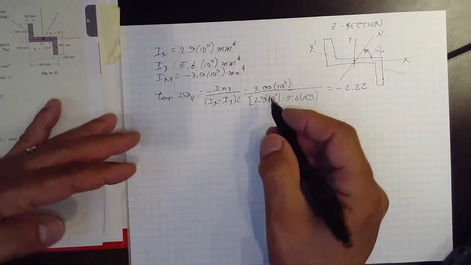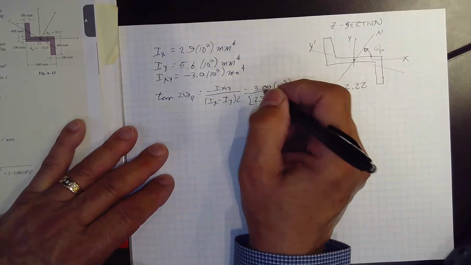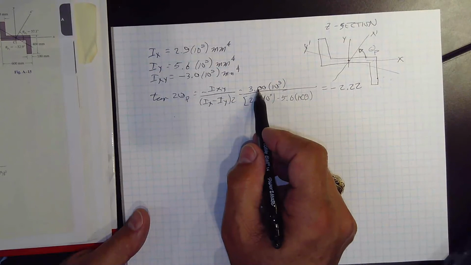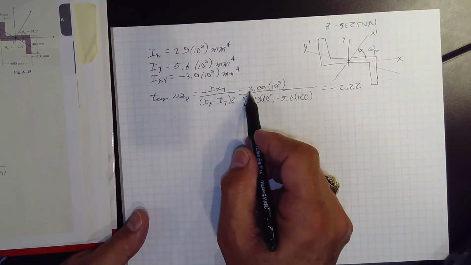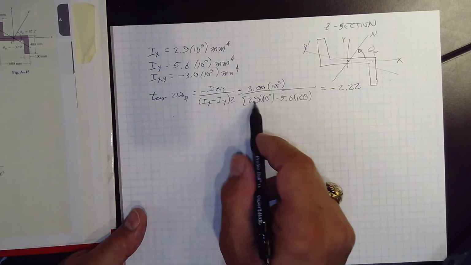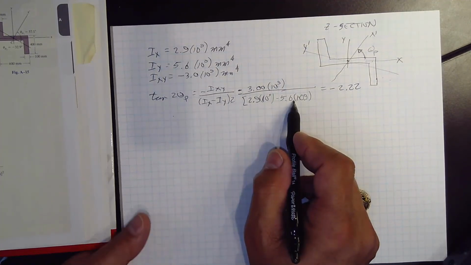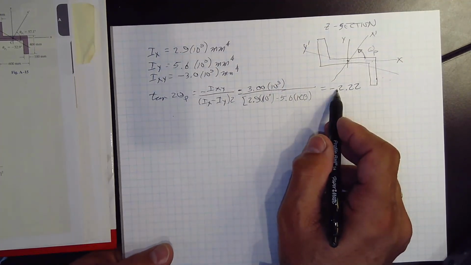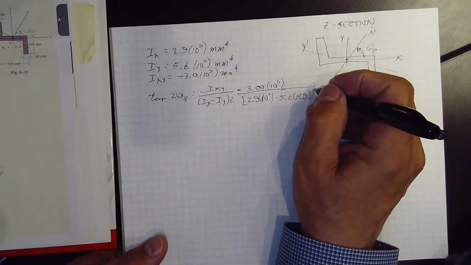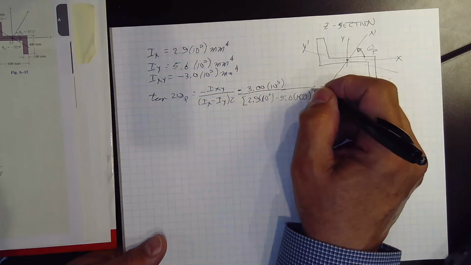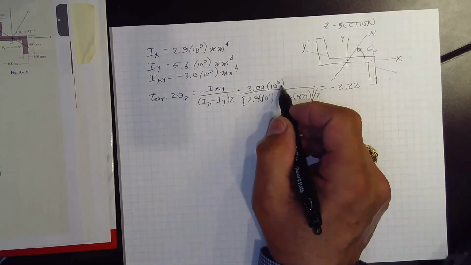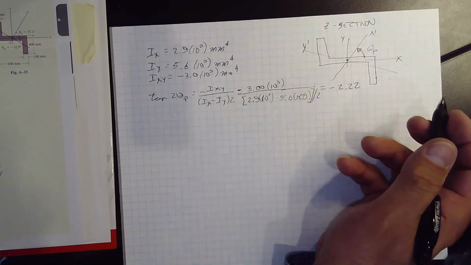Note that we had a negative here and a negative here, so now it's a positive there. We're subtracting Ix from Iy. Iy is actually larger, so we're still going to get a negative value. It's dimensionless because we had millimeters to the 4th divided by millimeters to the 4th.